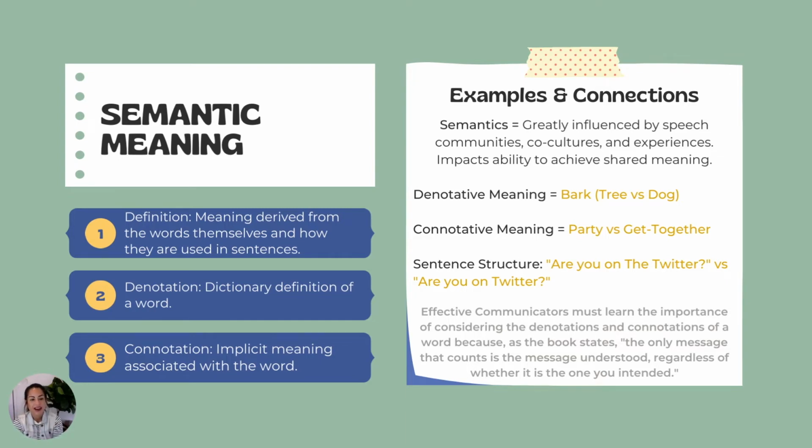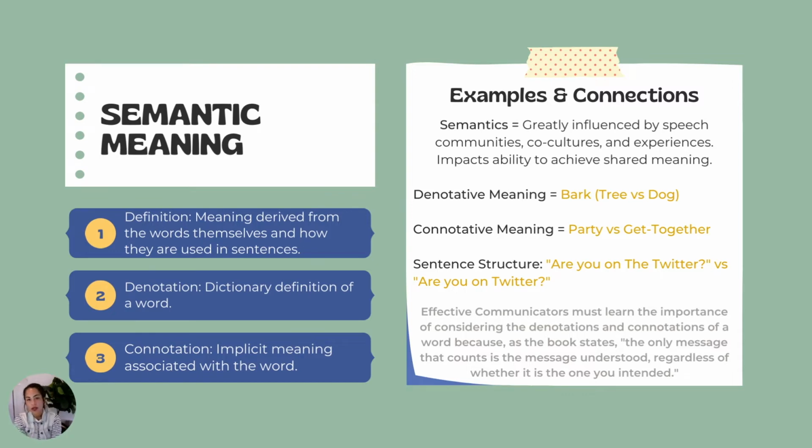And then connotations. This is the implicit meaning associated with the word. You might like that party versus get together example that I've used before. Saying get together, most people in our speech community would know that that differs from party.